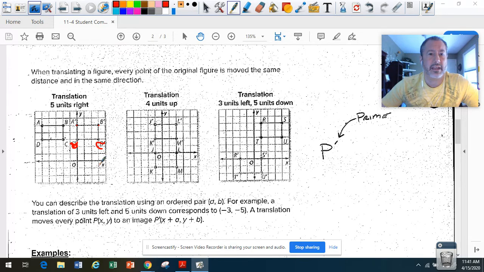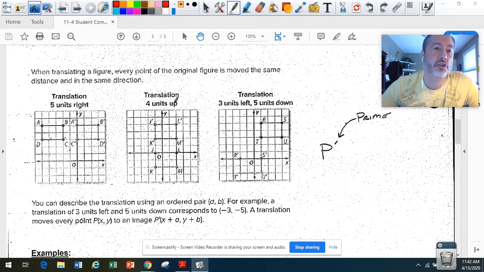For some reason, they flipped it around. But I had to move D over 1, 2, 3, 4, 5. That made my D prime. And then I moved my C over 5 places. 1, 2, 3, 4, 5. I put my points in there. I label my primes, and you're good to go. We have now translated this 5 units to the right.